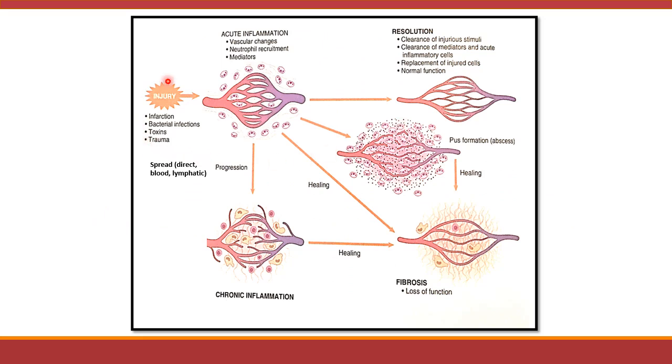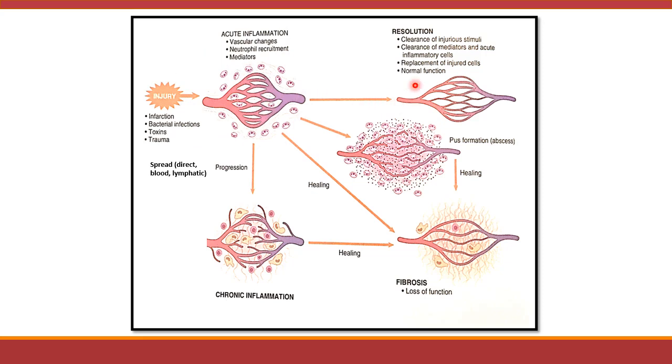So if we start with an injury, like bacteria, infection, like toxin, like a trauma, that can lead to acute inflammation. This will include many events like the vascular changes, the neutrophilic recruitment and activation, and also release of mediators. So this will create the acute inflammation. This can have many options as a fate.